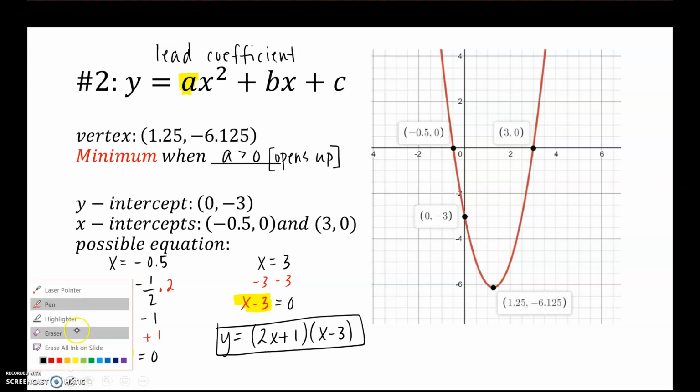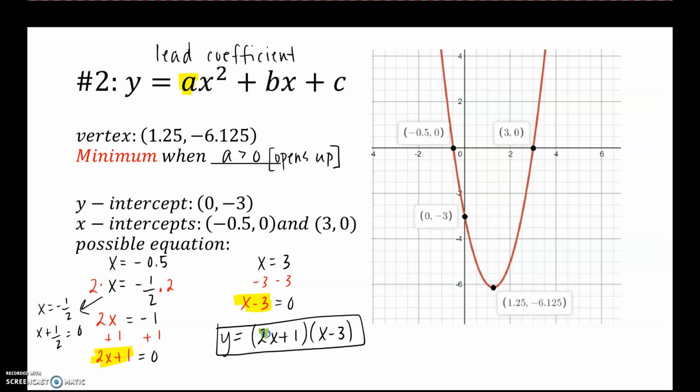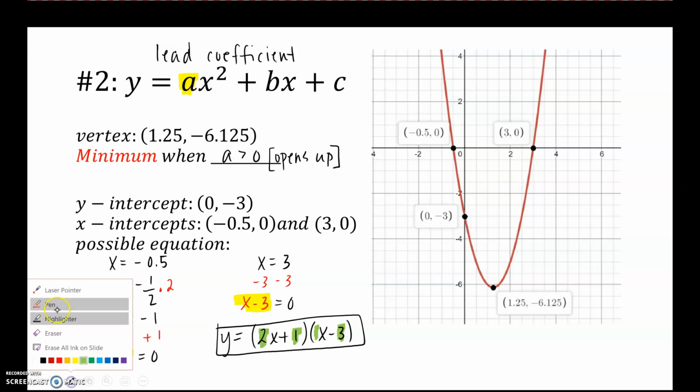Well, it's not wrong, but our coefficients, the numbers that we write in here, are always integers. They're always whole numbers. 1/2 is a rational number. It's a fraction. We don't have fractions when we write our answers, when we factor equations, okay?